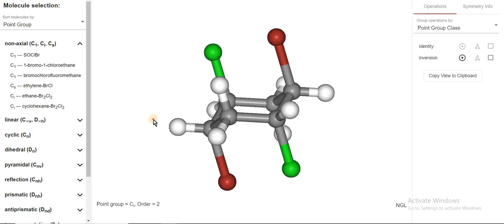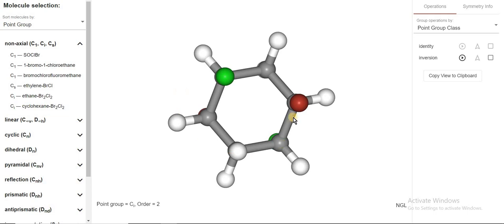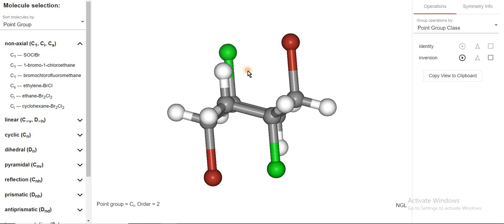Cyclohexane Br2Cl2. This is the top view. टॉप व्यू से देखने पे साइक्लोहेक्सेन रिंग ऐसी दिखती है, 6 मेंबर्ड, और ये होता है इसका चेयर स्ट्रक्चर.